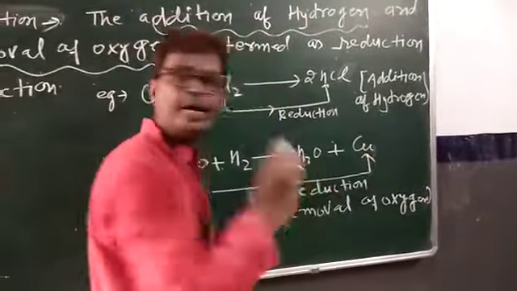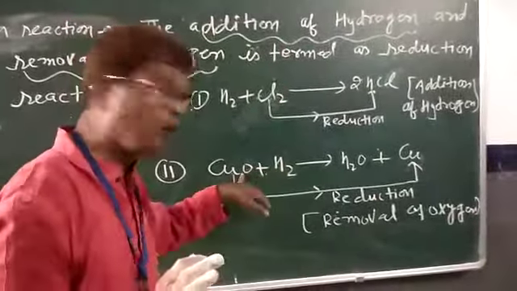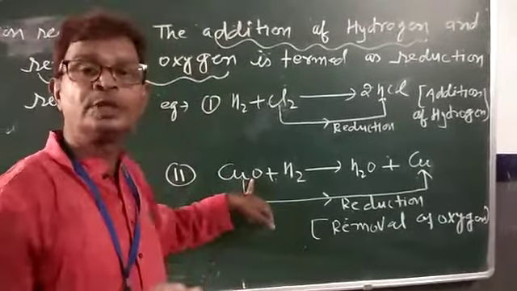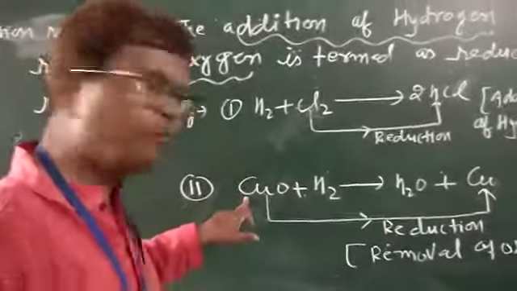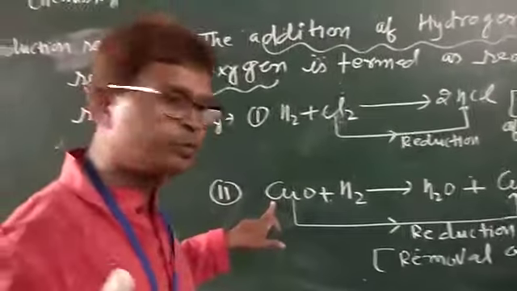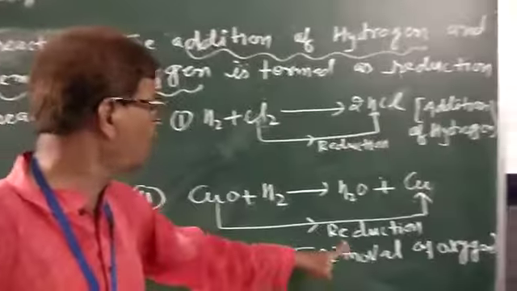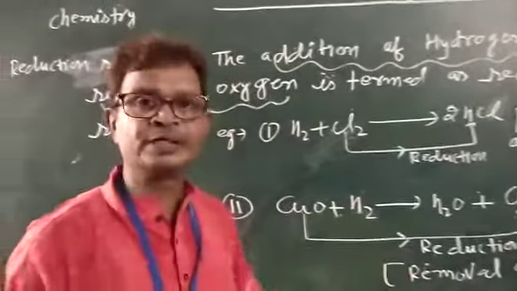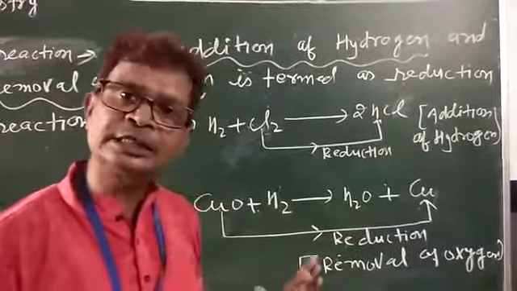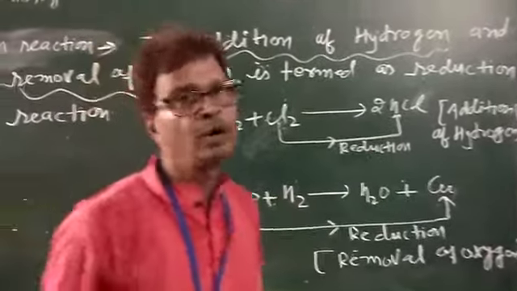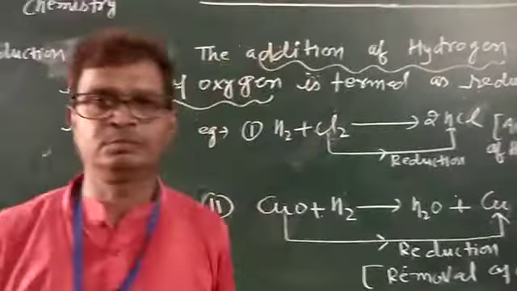By removing oxygen from cupric oxide, we can get copper. So, from cupric oxide, oxygen is removed. So, reduction of cupric oxide takes place. And it is clear that the addition of hydrogen is reduction and removal of oxygen is reduction.